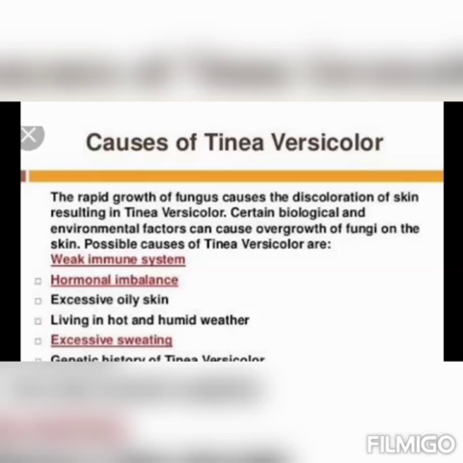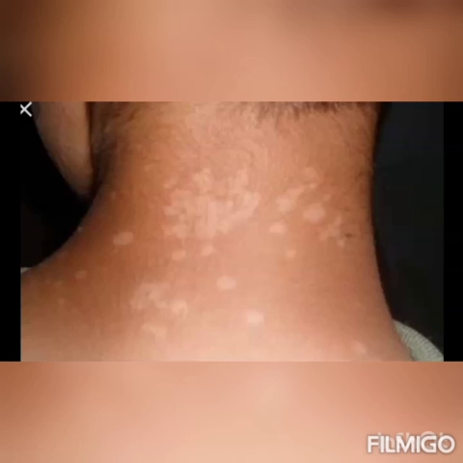Okay, so that's about the causes of tinea versicolor. In this picture, you can see the hypopigmented lesions on the back of the neck. Okay, so I already explained, based on the skin nature, there may be chance for hypopigmented lesions and hyperpigmented lesions.